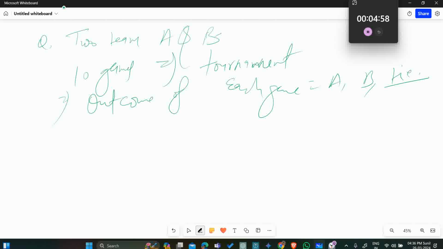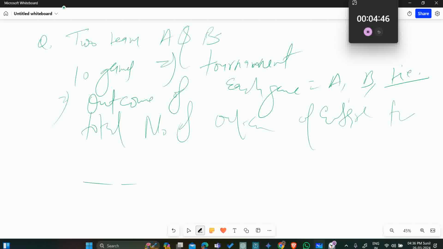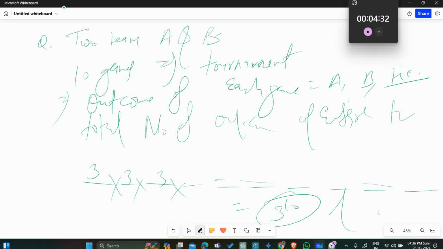The total number of outcomes of the entire tournament: there are 10 games, 1 to 10. The first game has three possible outcomes, and so on. So 3 to the power 10 is the answer.